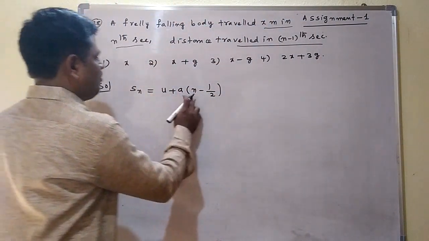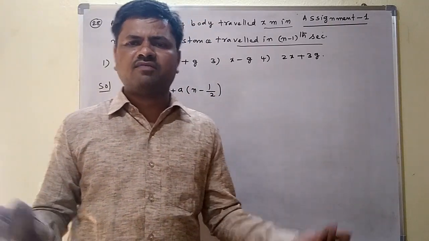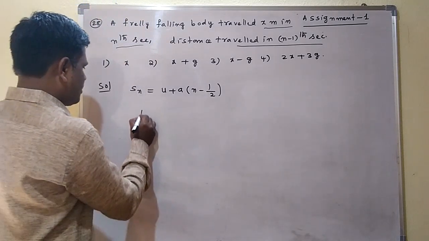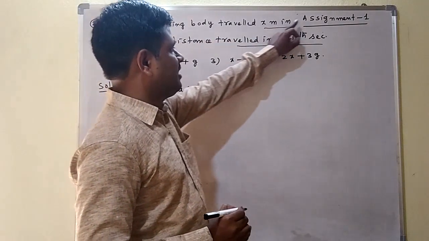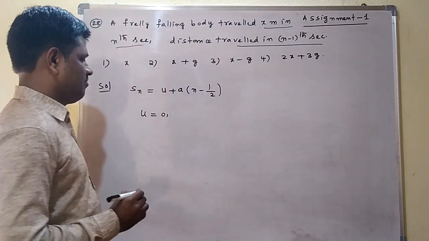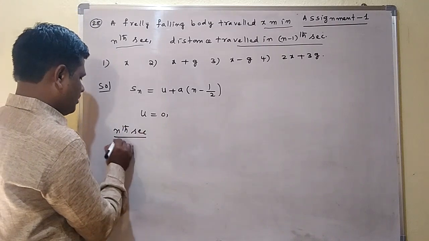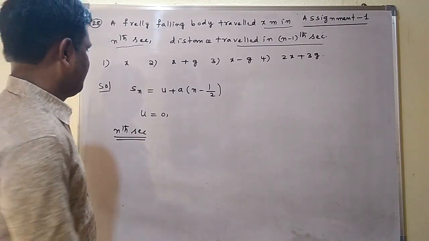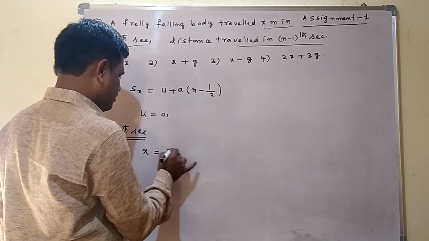Now Sn is equal to u plus a into (n minus 1/2). Freely falling body means the initial velocity u is 0. The distance traveled is x meters in the nth second, so Sn is equal to x, u equal to 0.